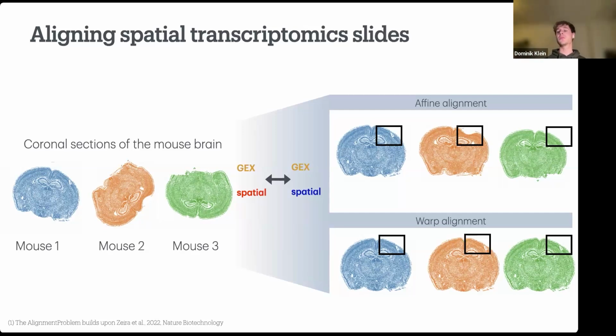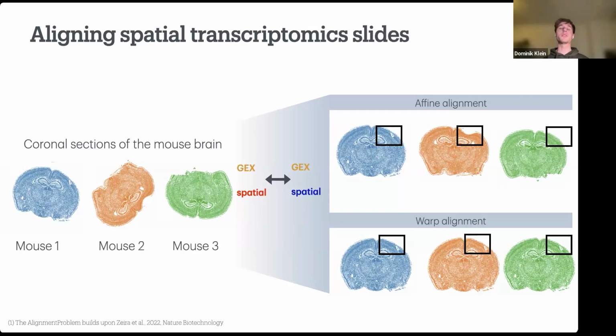Whereas instead, if we choose to have a warped alignment, we enforce the structure to be similar to the reference structure, in that case the blue spatial transcriptomic slide. For example, for the orange one, you can see where there was a sort of a dent on top. We don't have that anymore in the bottom. Where there was no hole on top for the green one, we now have a hole in the bottom, because the reference slide, which is the blue one in that case, also has it. So we want to warp it to exactly match the shape.